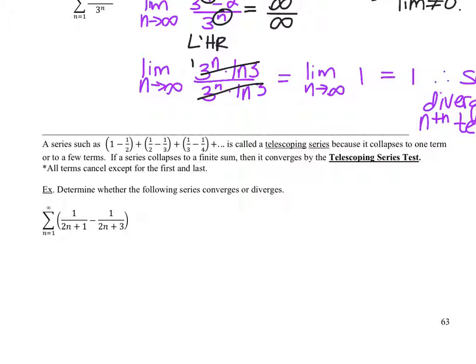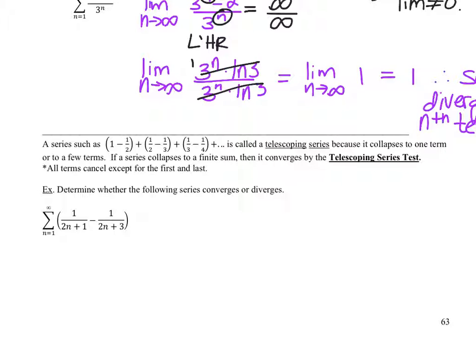And what ends up happening is you are only left with the first and last term of the expansion. And if you find the limit of that remaining collapsed form as n approaches infinity, that actually gives you the sum. But again, we just care about whether it converges or diverges.